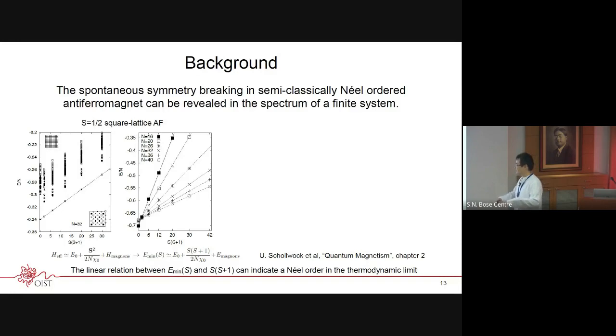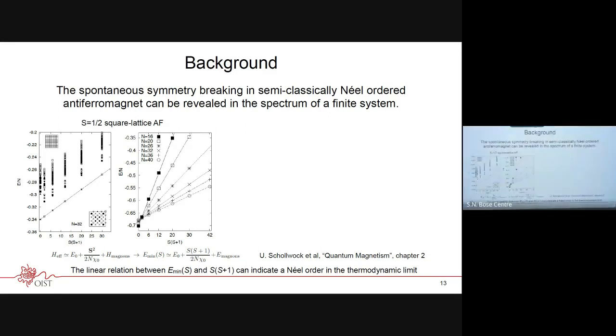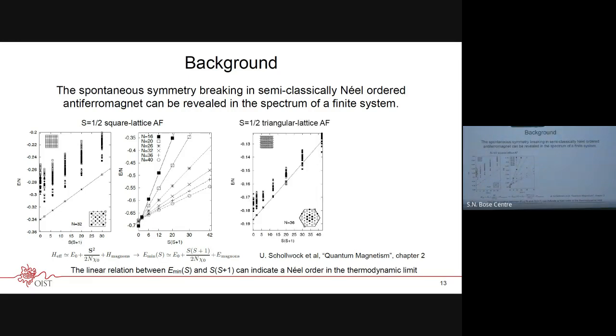In the thermodynamic limit, if these states become perfectly degenerate, then we can see the true symmetry breaking. That was predicted, and that was proved by exact diagonalization. So this is an example of the tower states analysis.